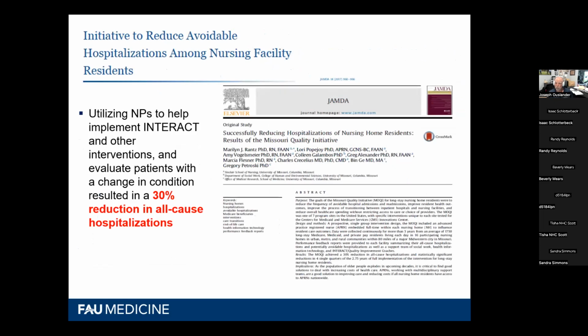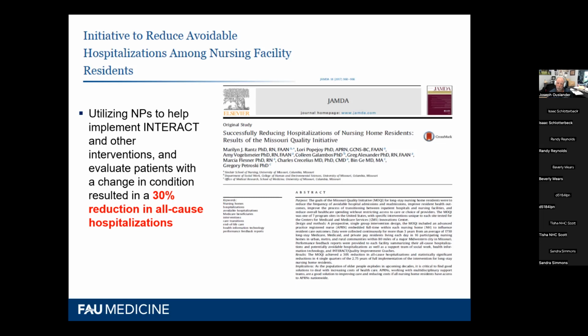This is probably the best example of Interact implementation. This was one of the sites in the CMS project in Missouri, led by Marilyn Rance. And what they did is they utilized nurse practitioners, advanced practice clinicians, to train staff on elements of the Interact program, to serve as champions for implementation and to help evaluate changes in condition.